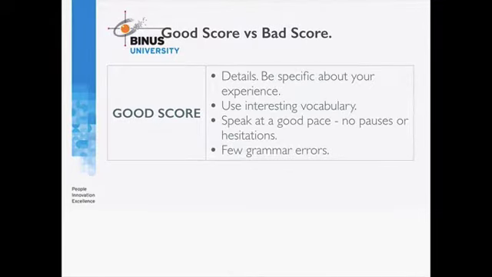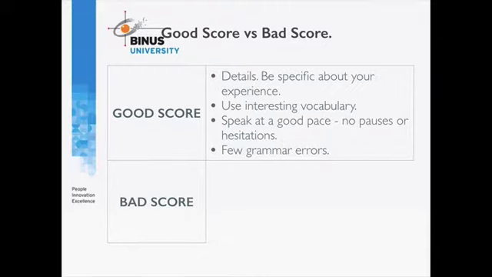So let me just summarize what makes a good score and a bad score in part 2 of the speaking test. So details are important for a good score. Be as specific as you can. Use interesting vocabulary and speak at a good pace with no pauses or hesitations, and try to cut down on your grammar errors.